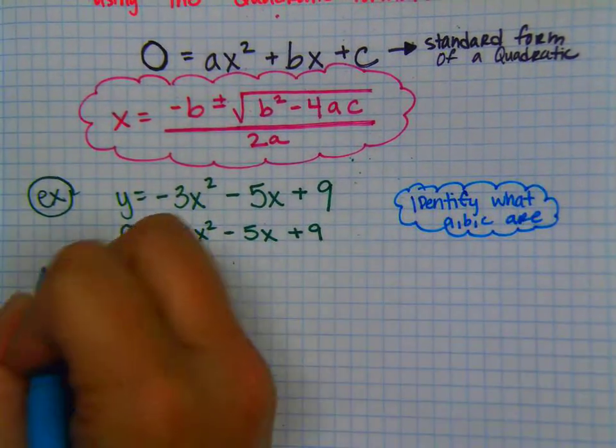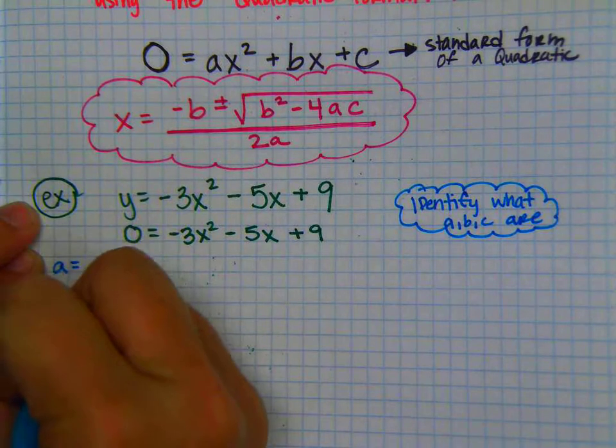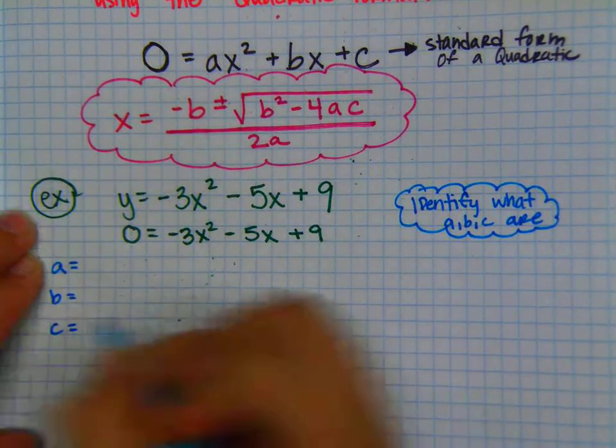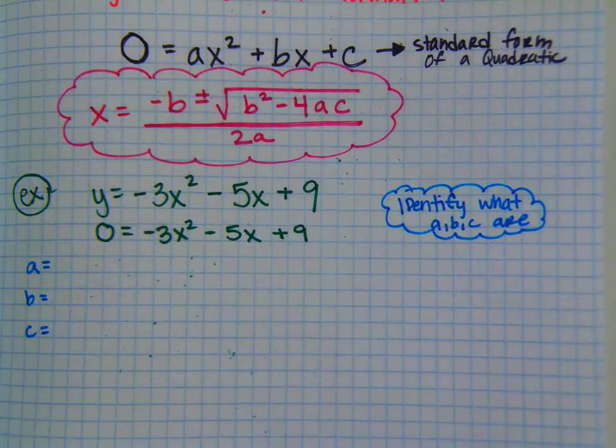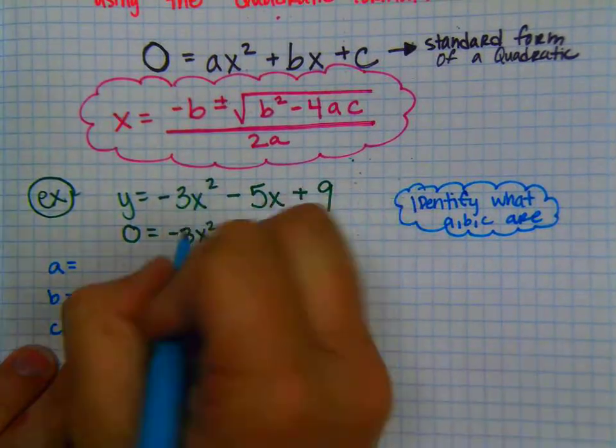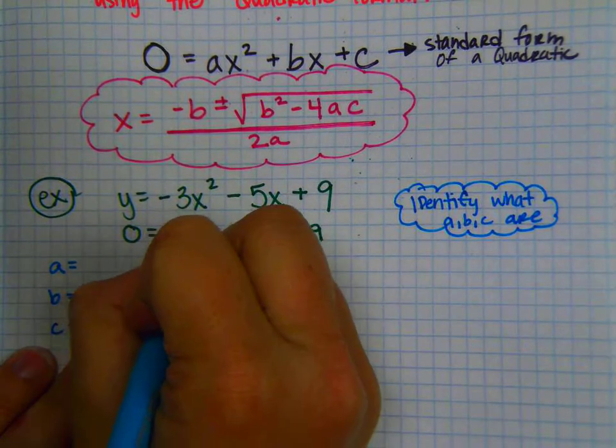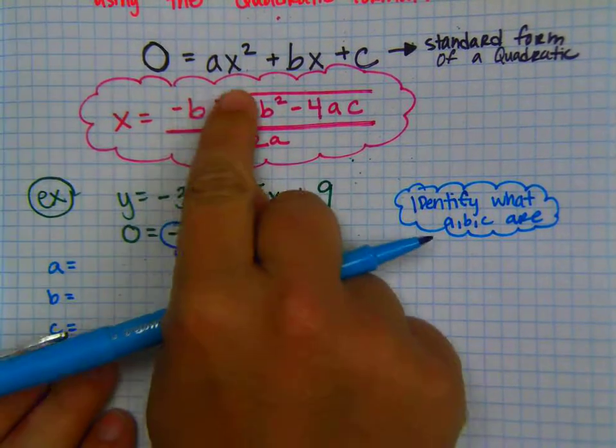So looking at this, what is a? A is negative 3 because it's with the x squared.